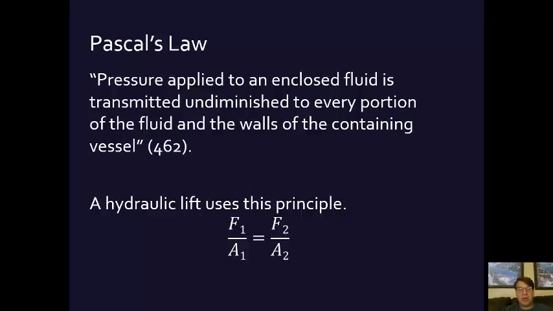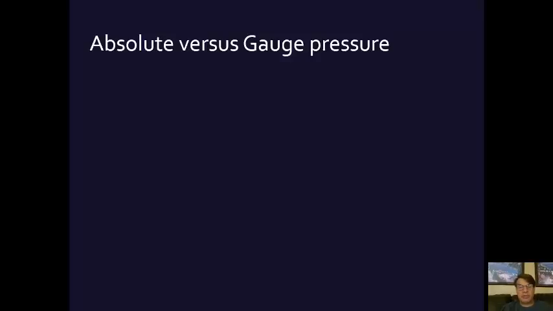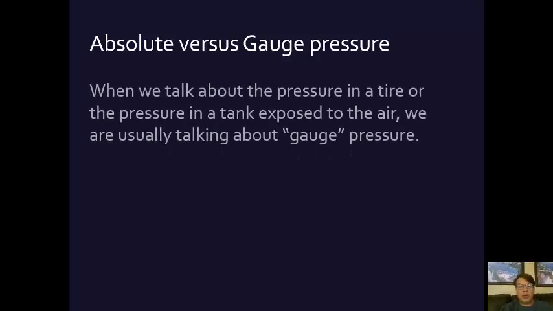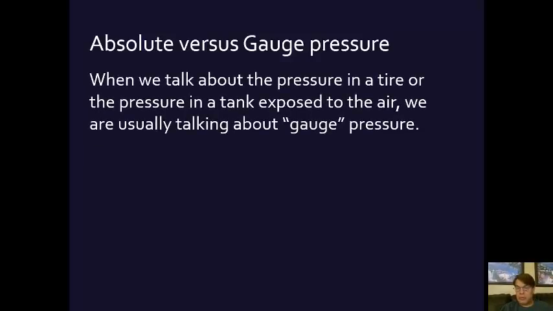That's Pascal's law. Okay, absolute versus gauge pressure. So when you talk about tire pressure, 32 pounds per square inch or whatever, or pressure in a tank that's exposed to the air, usually we're talking about gauge pressure. So when I talk about 32 pounds per square inch in a tire, we mean 32 pounds per square inch above the atmospheric pressure.